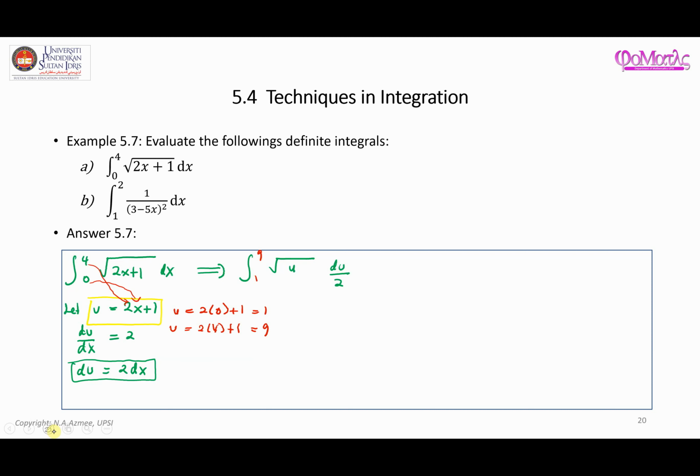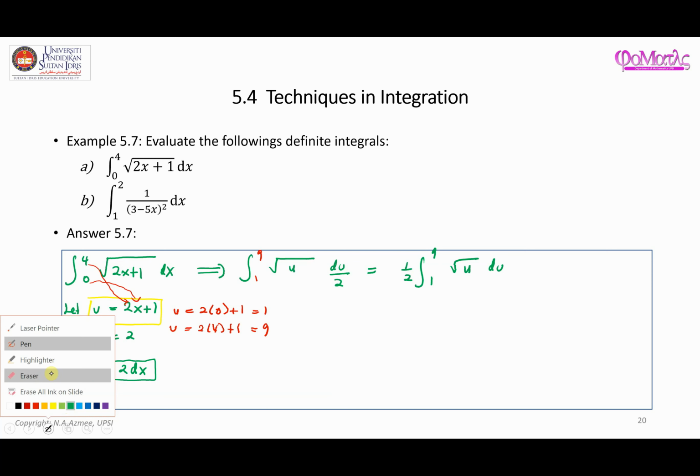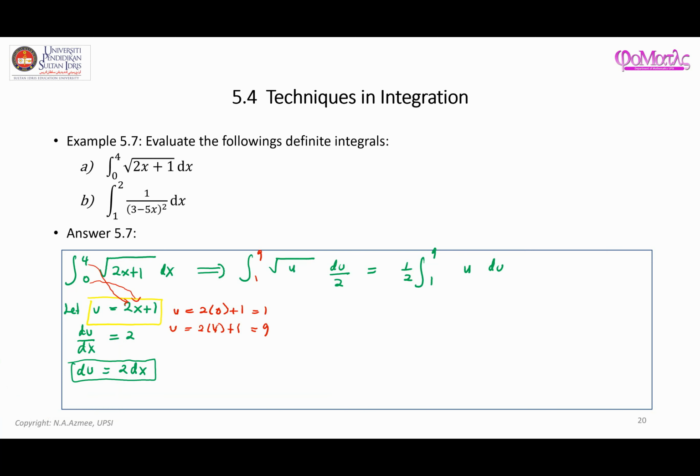So we can continue finding the integral. That would be 1 over 2, a constant you can take out, from 1 to 9 of square root of u du. Square root of u is just u to the power of 1 over 2.